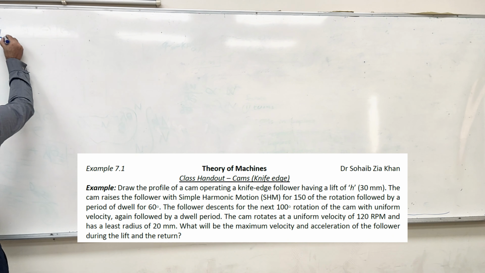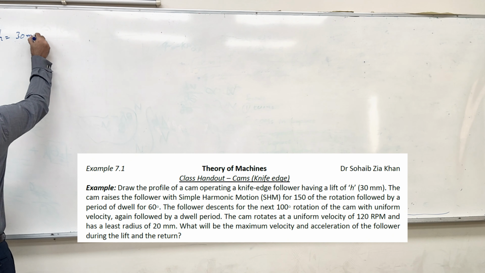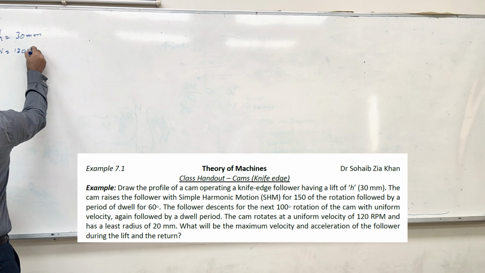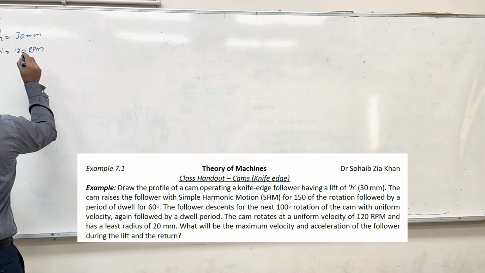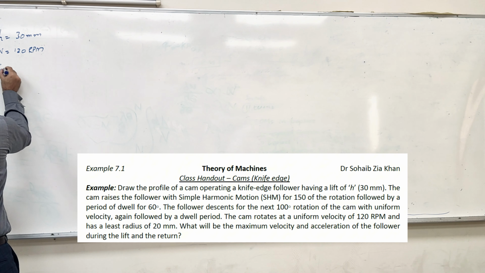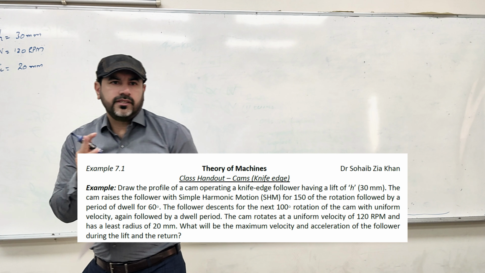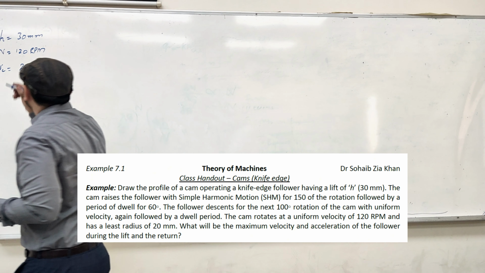What we'll do is write it over here. The input data: h equal to 30 mm, RPM is 120 RPM, the least radius is 20 mm. We are going to do 3 cases; this is case number 1.